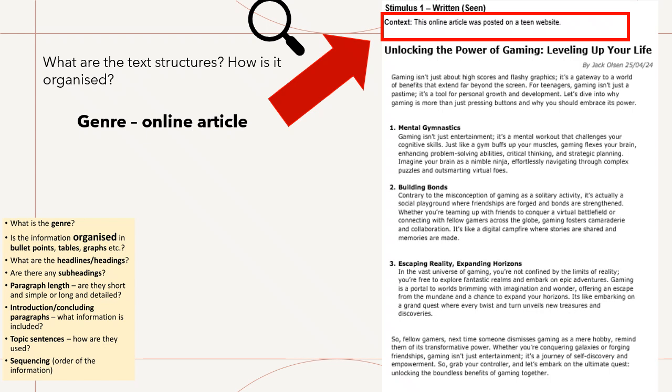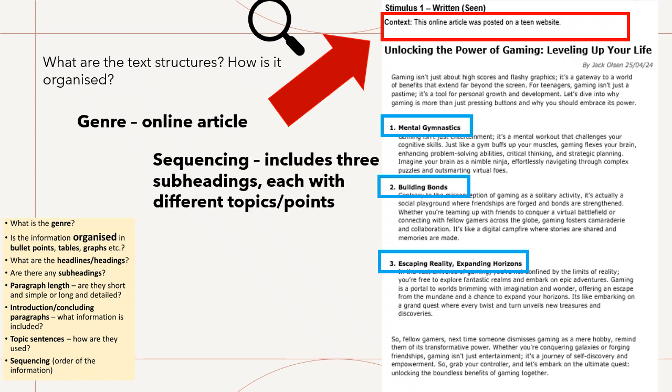Now, I guess another great one, and this is one that I've seen in the CIA many, many times of the year, is the very, very clear sequencing of crucial information. Any guesses? Yeah, you're right. It's the 3 subheadings labeled as 1, 2, 3 in bold. Each of these are the 3 different ways one could level up your life.